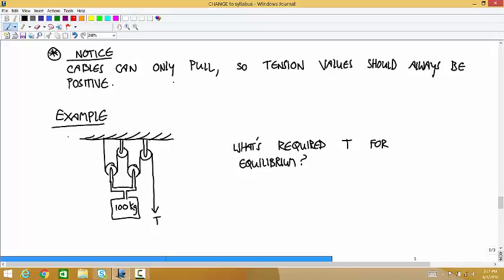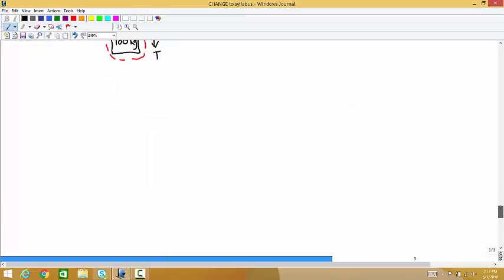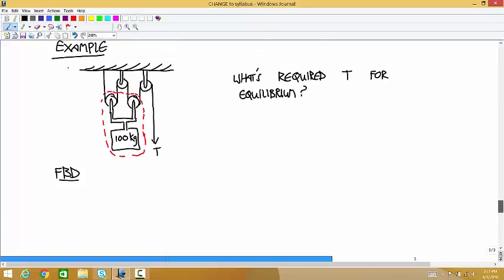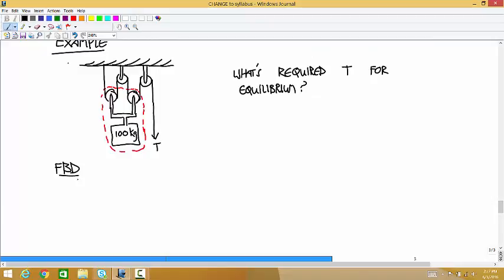So what I'm going to isolate is this, all of the stuff that's hanging. And so I'll draw a free body diagram. The outline looks something like that.